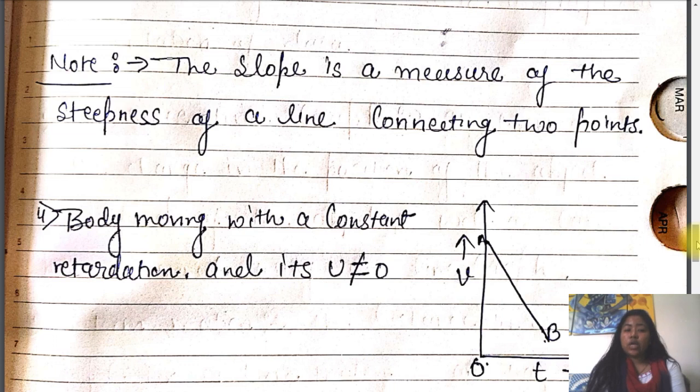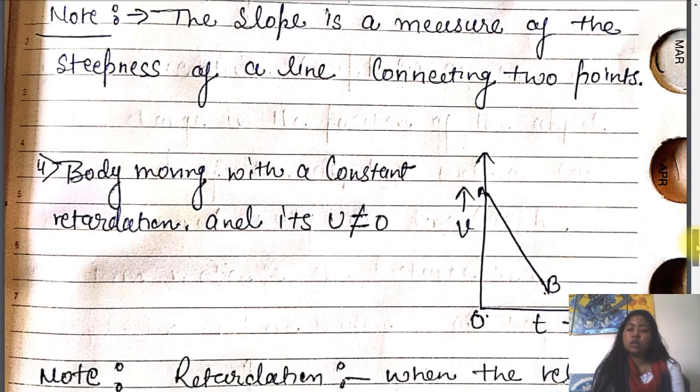So the body is moving with a constant retardation and its initial velocity is not equal to 0. In this type of condition, the shape of the graph will be like this. Along the x-axis we define time, and along the y-axis we define velocity.